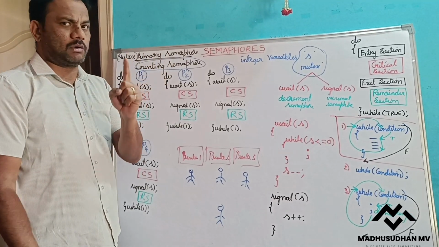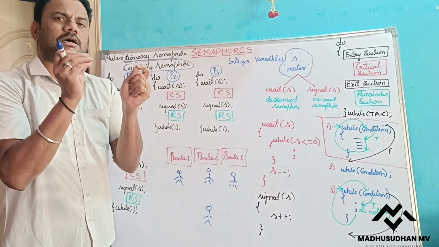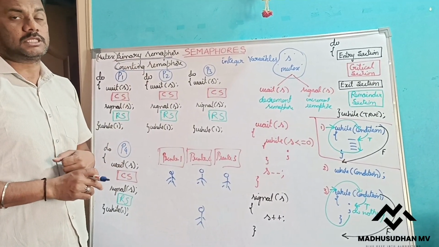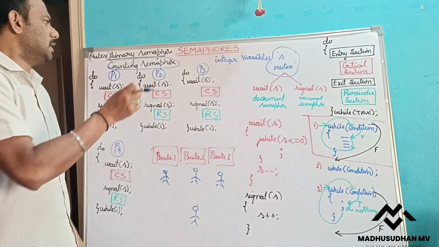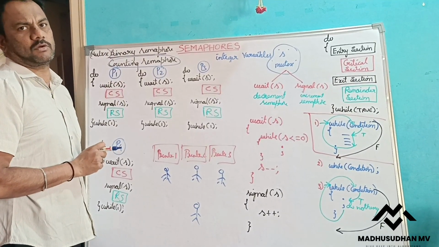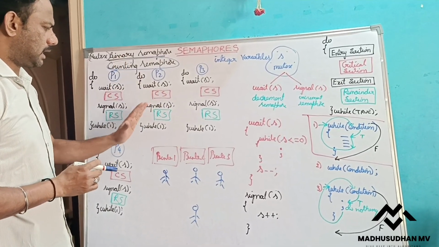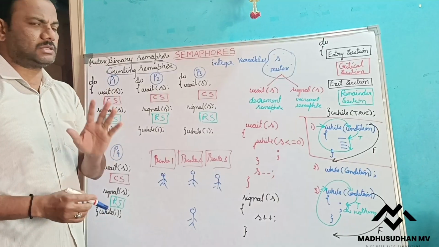When there are multiple instances of the same shared resource, we go for counting semaphores. If we have only a single instance of a particular resource, then we go for a binary semaphore. Now assume I have 3 instances of the same resource.